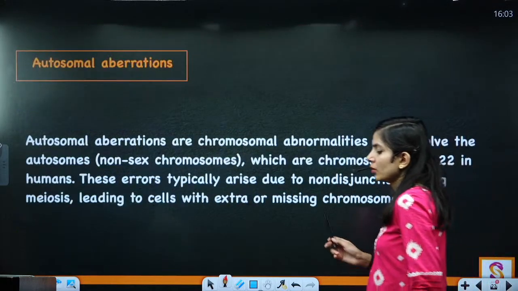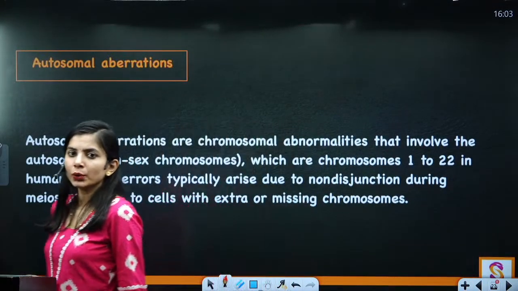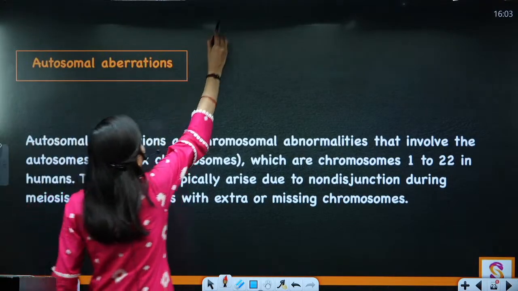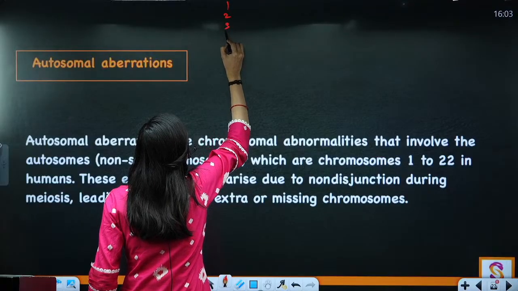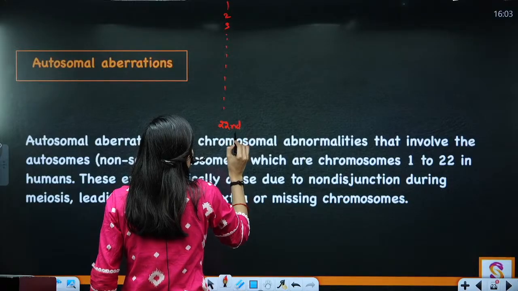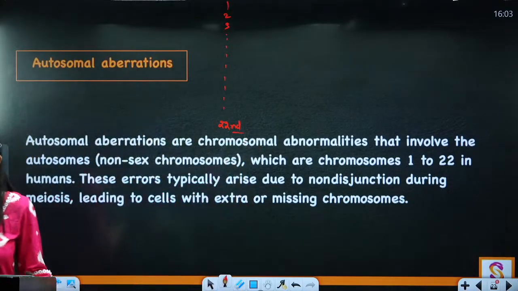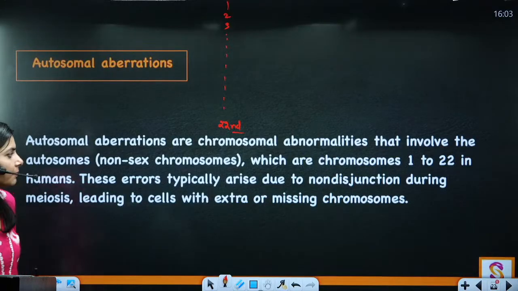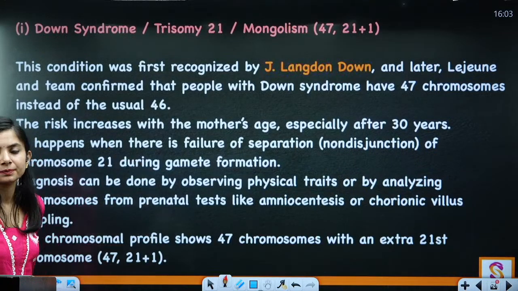Now, autosomes: we have 1 to 22 autosomes, starting from 1, 2, 3 up to the 22nd. That's how we specify the autosomes. Now let's talk about it.